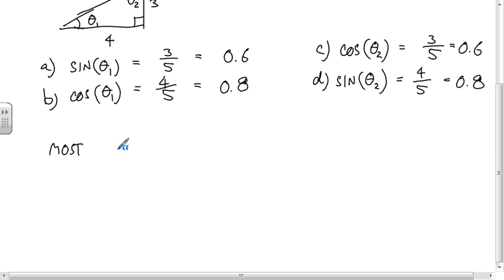So this is the case that we're going to deal with the most often.